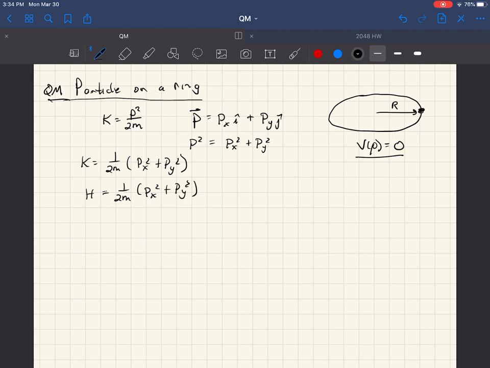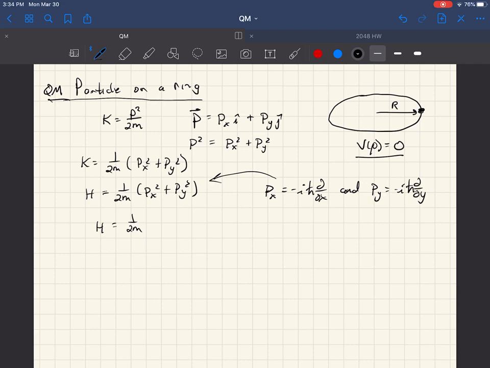Now what we can do is take our momentums and turn them into operators, and then we can put them into the Hamiltonian. Now when we square both of these, the negative sign is squared, so it's positive.